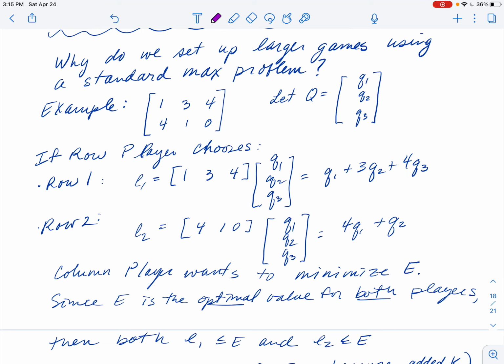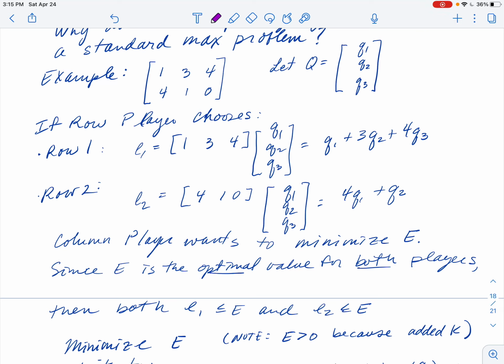Since our expected value is PAQ, our expected value for just row 1 would be 1, 3, 4 times Q1, Q2, Q3, and we've got our expected value E1. Now, if the row player chooses row 2, our expected value would be 4Q1 plus Q2.